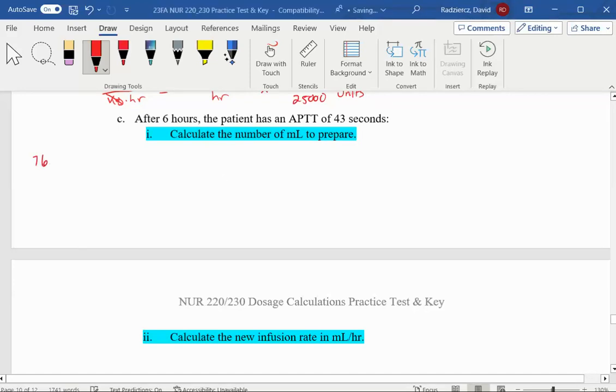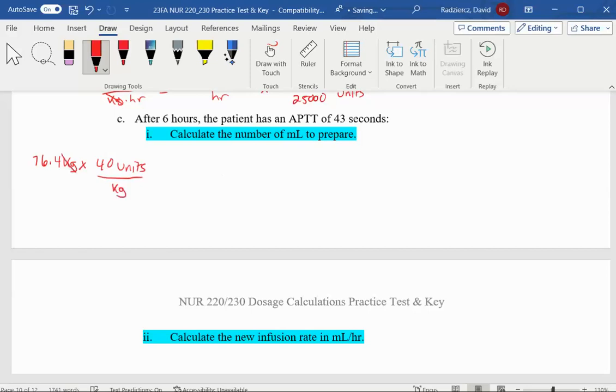So we have a 76.4 kg patient, multiplying by the new bolus, 40 units per kilogram. 76.4 times 40 is 3,056 units.